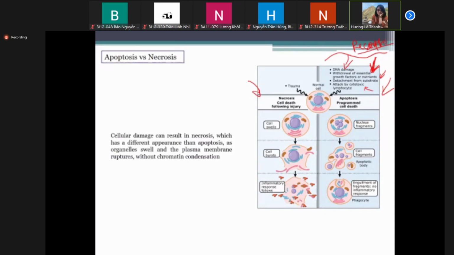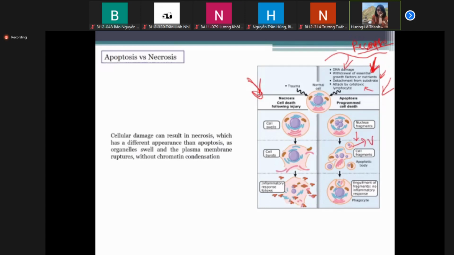But for necrosis, it's just that the cells have injuries. For example, when we have an accident and cut our fingers, this is also an injury of the cell. In apoptosis, the nucleus will be fragmented into small pieces, and all the parts of the body will be packaged into small vesicles like this.